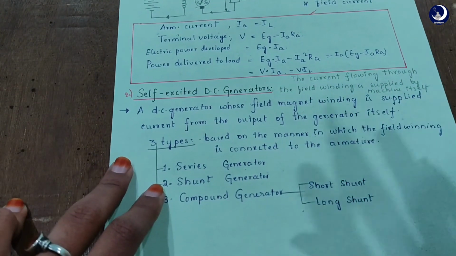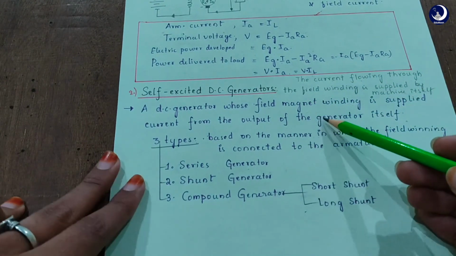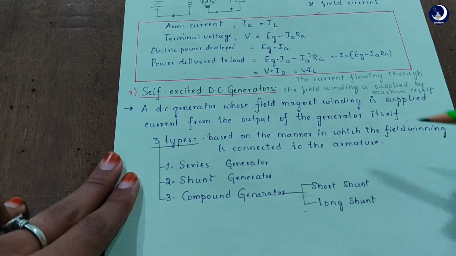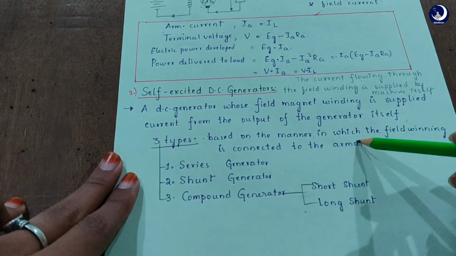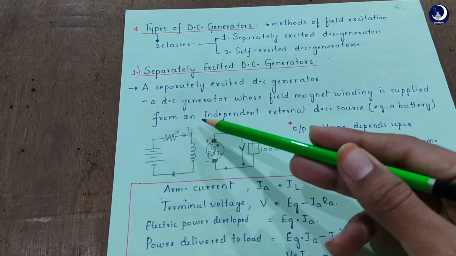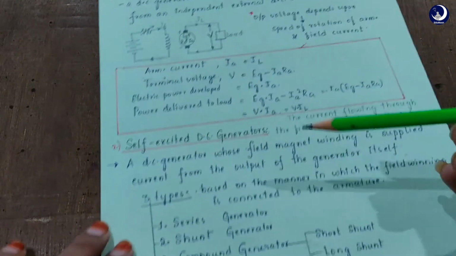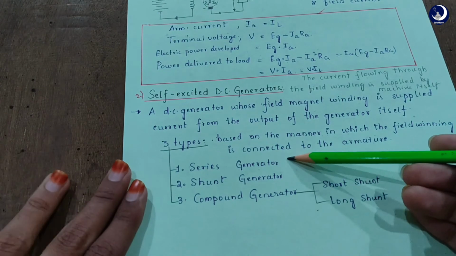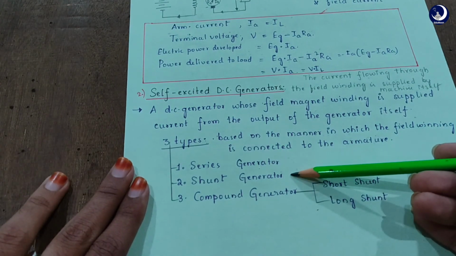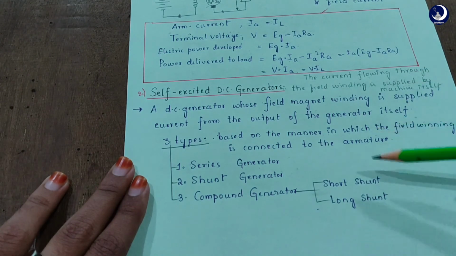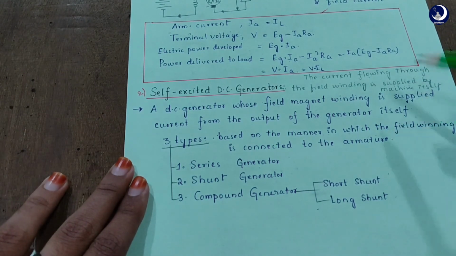There are three types of self-excited DC generators, classified based on the manner in which the field winding is connected to the armature. So it is how you connect the field winding to the armature. Based on that there are three types. First is the series generator, second the shunt generator, third is the compound generator, which has two further types, short shunt and long shunt.